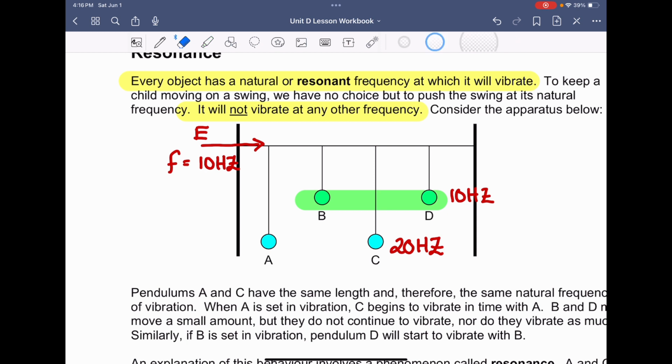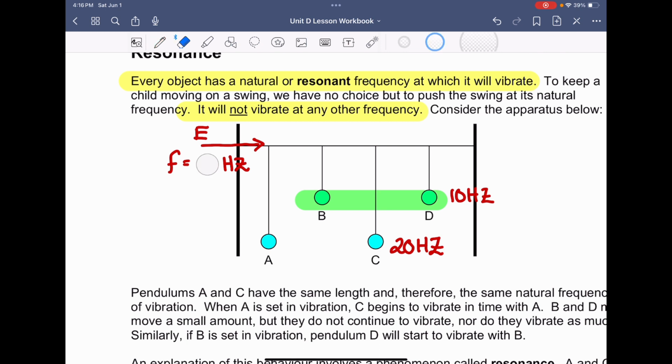If I change this number at the top here and make it, let's just make up a number, like 30 hertz, then I could ask you, what would this vibrate at if the line was emitting 30 hertz? You would say nothing, because 10 and 20 aren't 30. If it isn't 10 or 20, then this isn't going to vibrate. Nothing would vibrate.